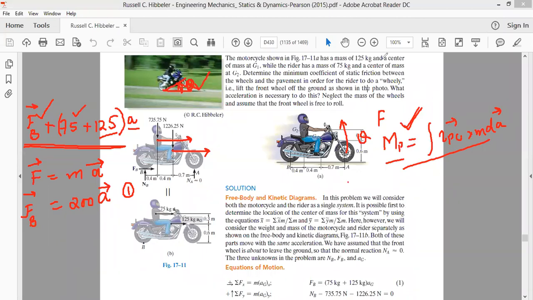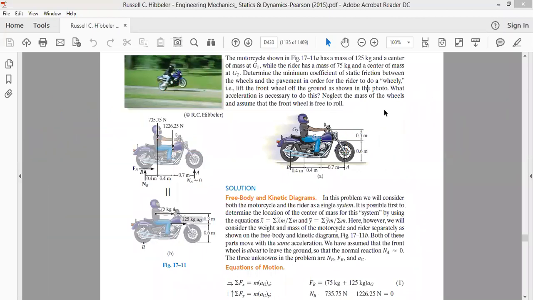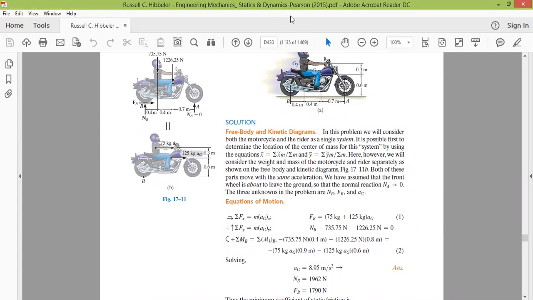To save the students' time, that's what has been done here. So F is equal to the force at B. Now, summation of all the forces along the y-axis: we have NB acting along the positive y-axis, that's plus NB. We have a force of 735.75 acting along the negative y direction, and a force of 1226.25 acting along the negative y-axis, that's why minus.